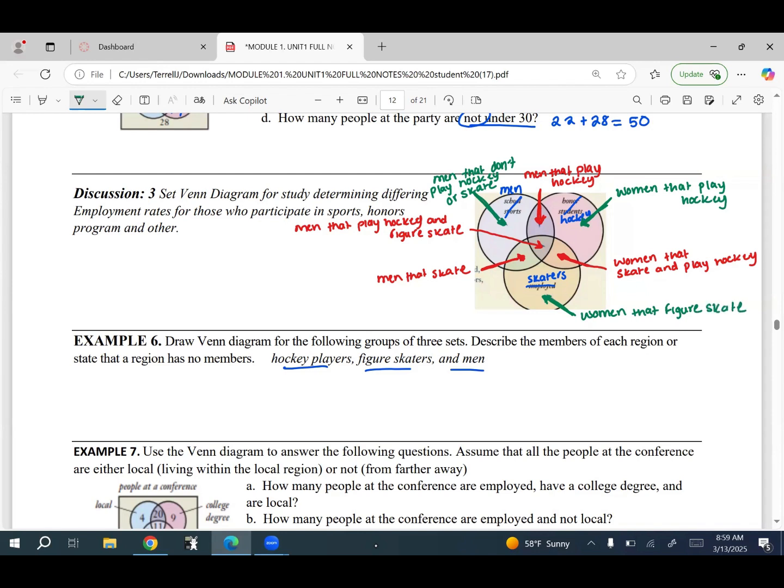Maybe I can put here, they don't play hockey. They only figure skate. And the same thing above, when I said women that play hockey, I could also specify here they don't skate. Okay, so that is our introduction to 3 sets that have overlap.